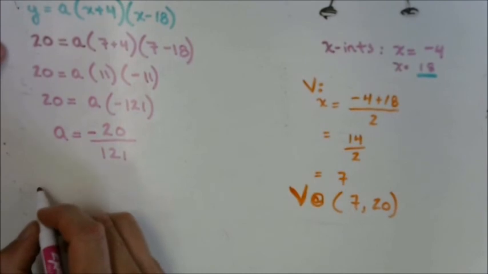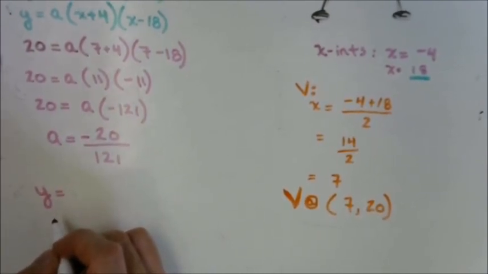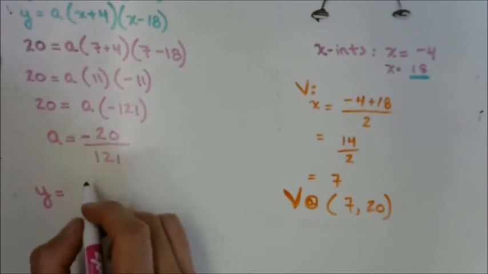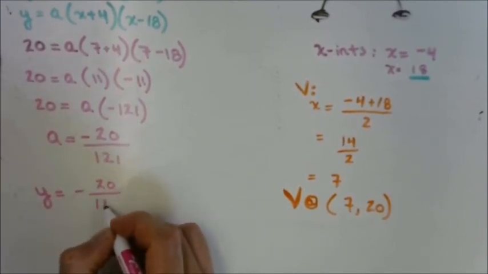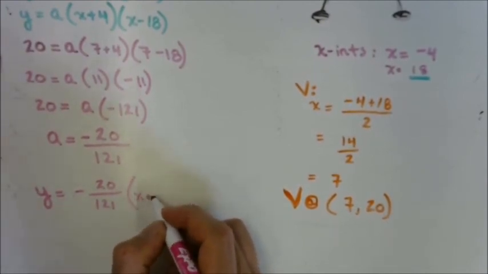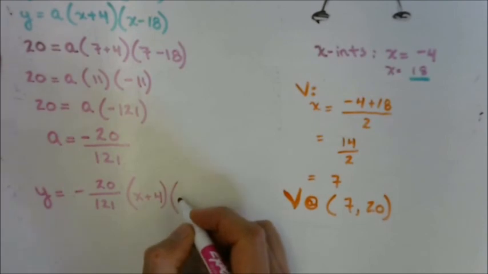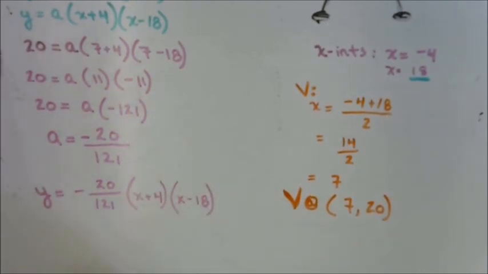Now we know that the equation for this parabola that we drew in step A is y equals negative 20 over 121 times (x plus 4)(x minus 18), where y is the height in meters and x is the horizontal distance in meters of the arch.